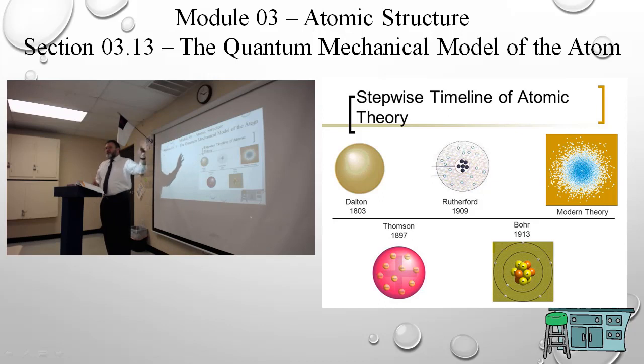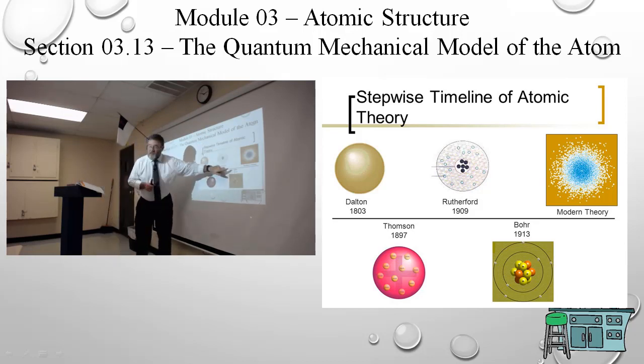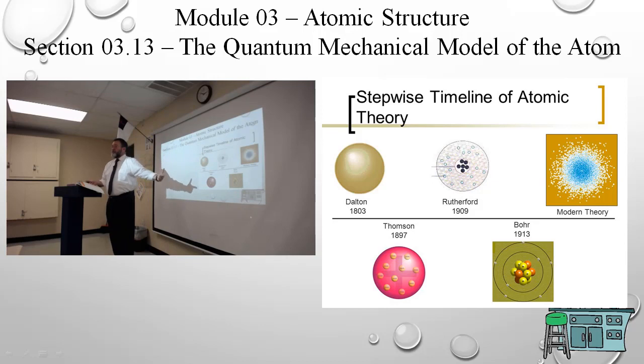But the quantum mechanical model is something different. The quantum mechanical model talks about not orbits, like distinct levels, but orbitals. And an orbital, we're going to visualize this in a way, but an orbital is basically not exactly where the electron is, but the probability that the electron is there.